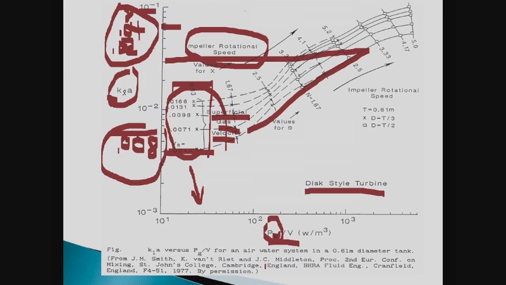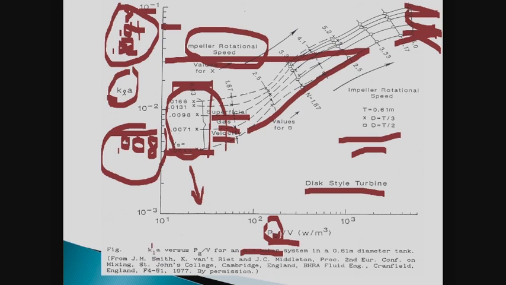I don't know if you can recognize it, but the curve is leveling off. This is for water systems, not electrolyte. For electrolyte systems, it could actually get horizontal up here.